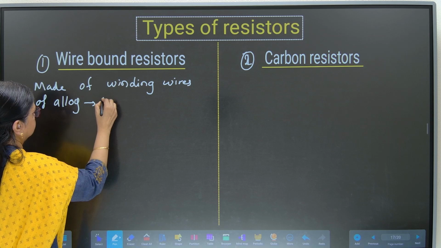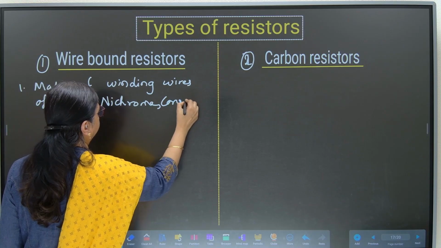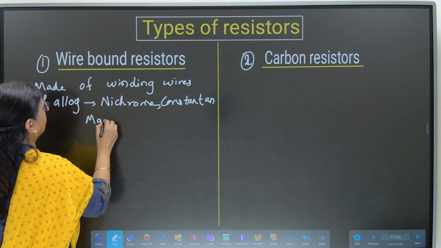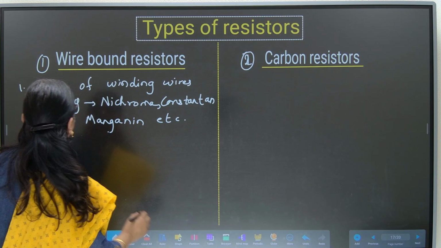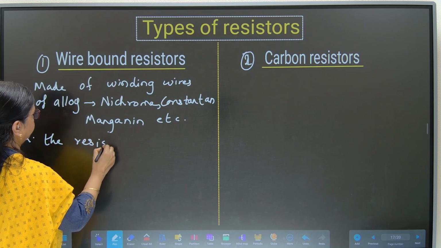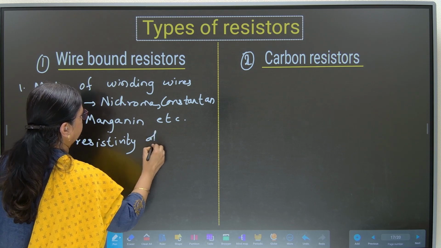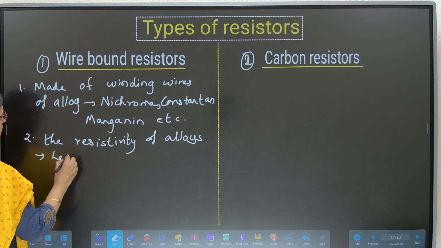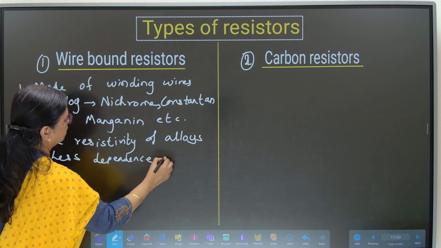Example, nichrome, Constantan, and manganese and other alloys, because the resistivity of these alloys has very little dependence on temperature.